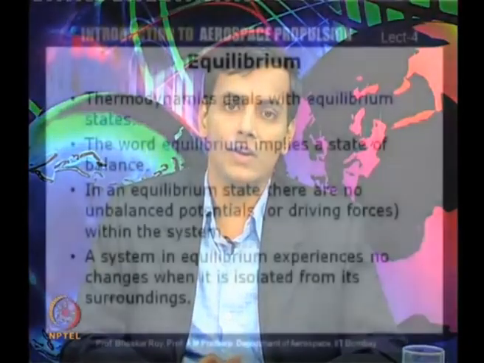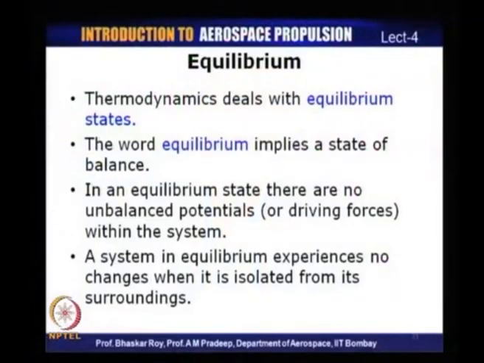Now, in thermodynamics, when we analyze different systems and what the state of the system is, we would be dealing with equilibrium states, and equilibrium implies that the state of the system is in a particular balance.